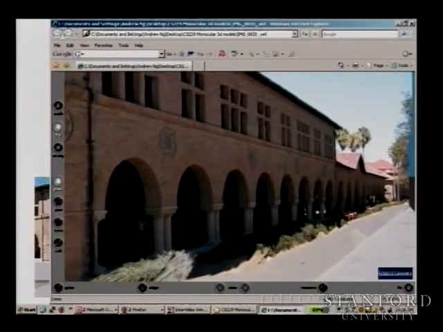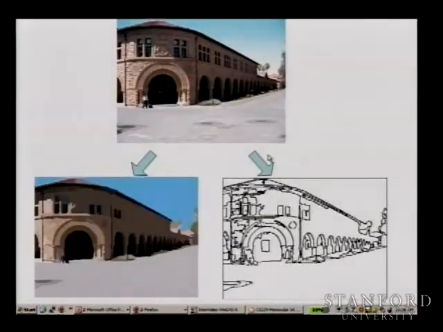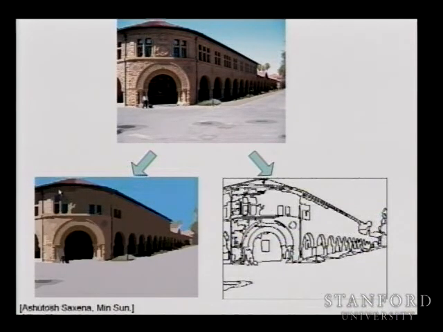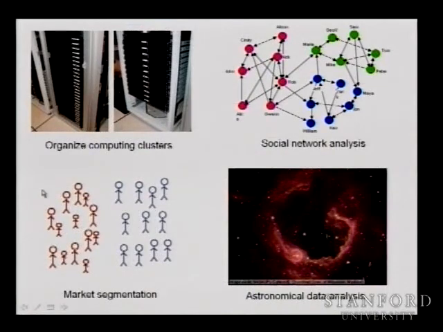Okay. This actually turned out to be a mix of supervised and unsupervised learning, but the unsupervised learning, the clustering, was the first step. So it turns out these sorts of unsupervised clustering algorithms are actually routinely used for many different tasks. Things like organizing computing clusters, social network analysis, market segmentation.